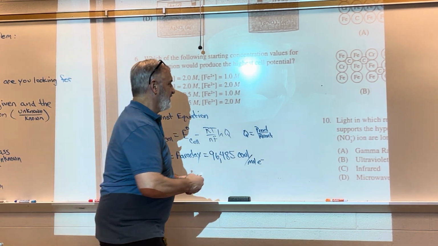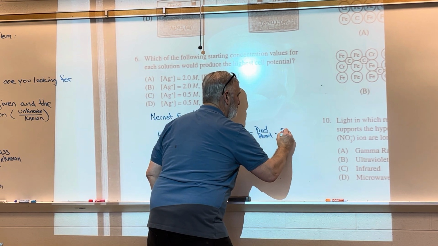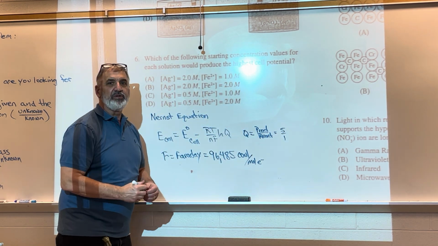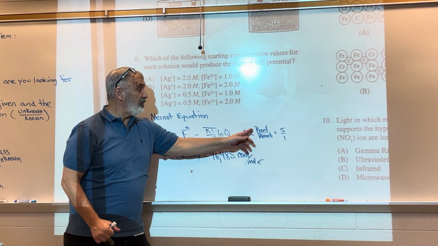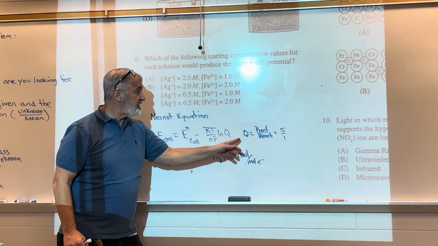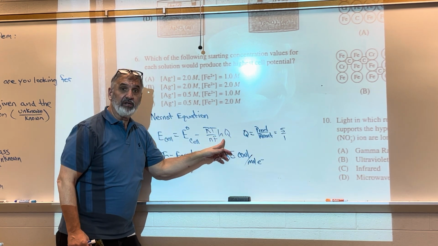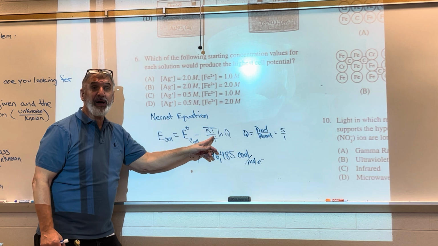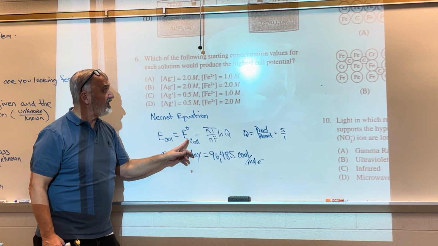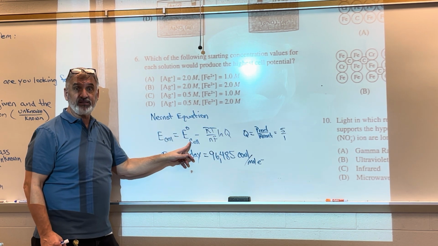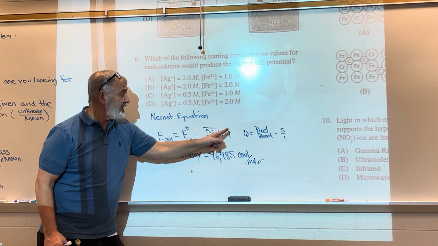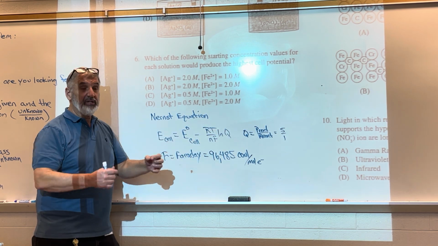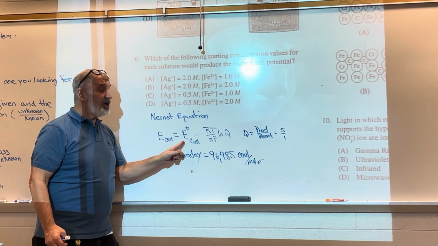Let's just say 5 over 1, making up numbers. We have more product than we do reactant. This is going to be a positive number, which means I'm going to subtract a positive number. This is my E cell, my E red minus E ox. So if I have more products, I'm going to have a lower E cell.